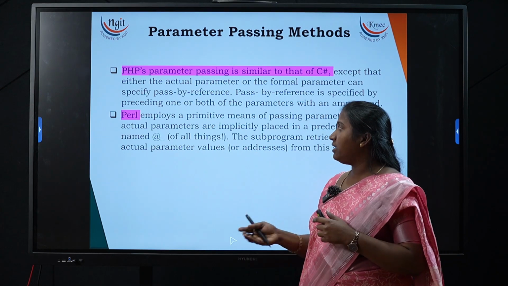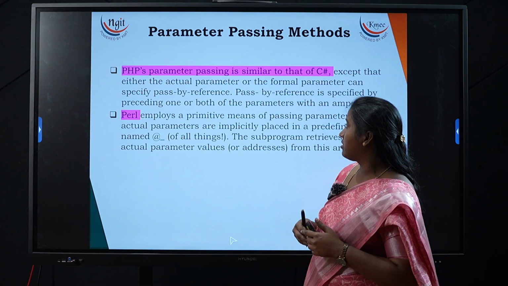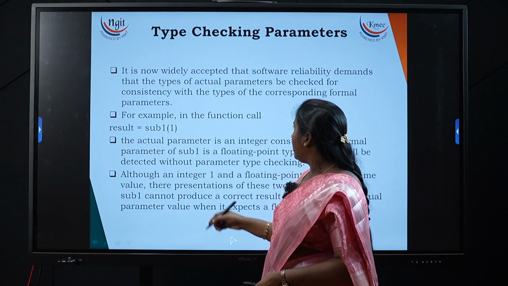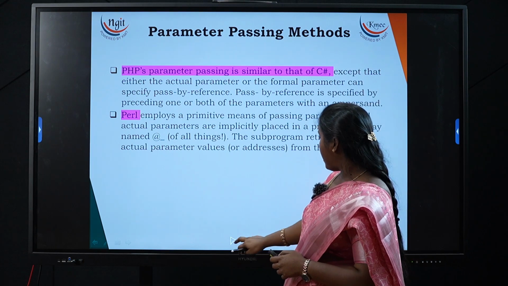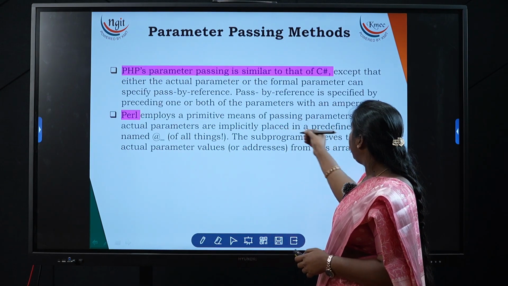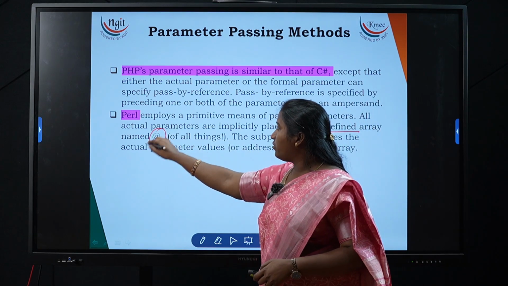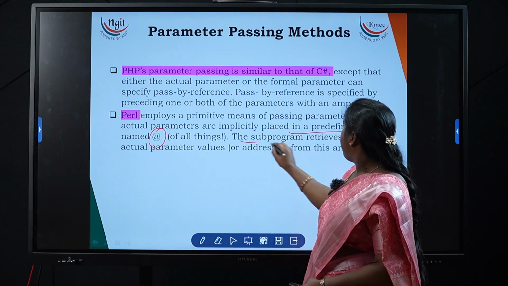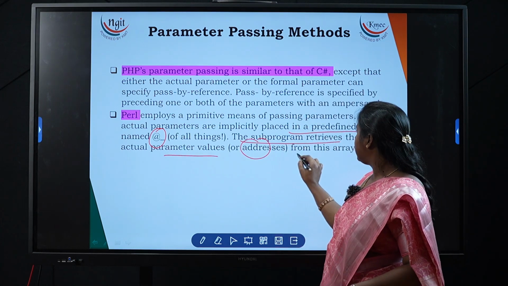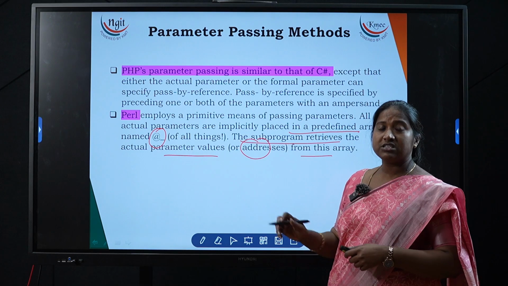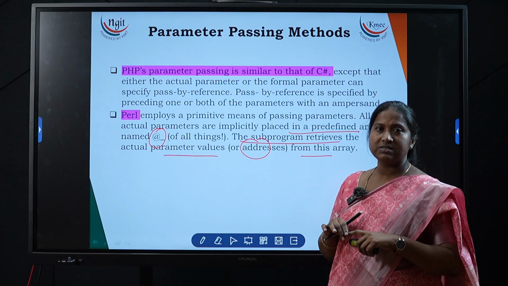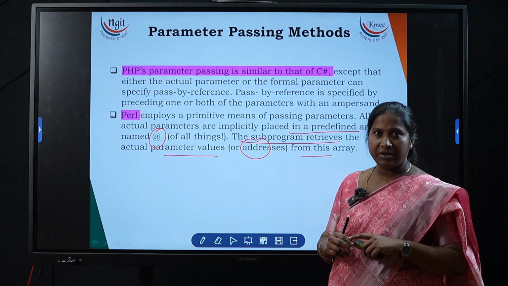As far as Perl function calling is concerned, all actual parameters are implicitly placed in a predefined array, and the array starts with @. The subprogram retrieves the actual parameter values or addresses from this array. So this is about function calling procedures in C based languages and other programming languages.